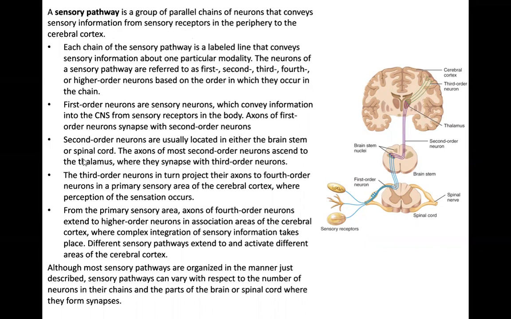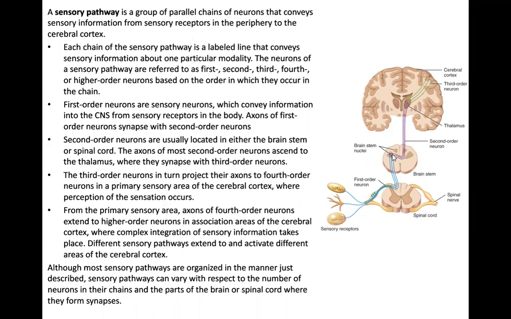Remember the nickname of the thalamus? You better know it come Tuesday. This is your gateway to the cerebral cortex. They travel here, synapse with the third order neurons, which project their axons to the fourth order neurons in a primary sensory area of our cerebral cortex, where perception of the sensation occurs.